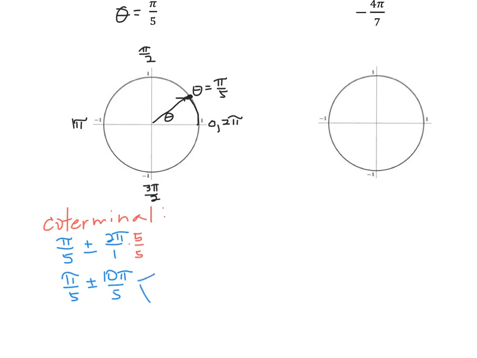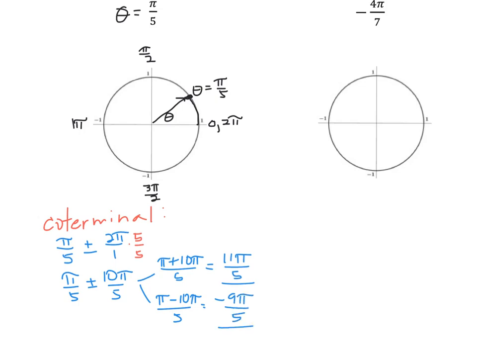So we'll add pi plus 10 pi over 5, and that's 11 pi over 5. There's 1 positive coterminal measure to that radian. And if we do pi minus 10 pi all over 5, that would be negative 9 pi over 5.